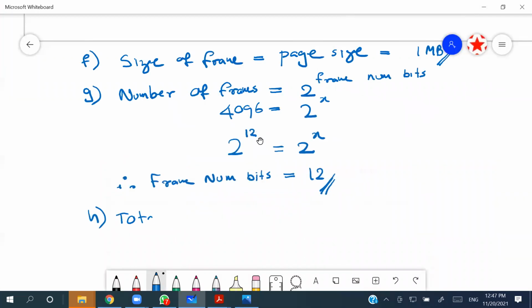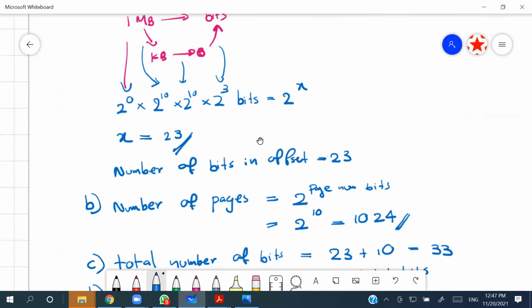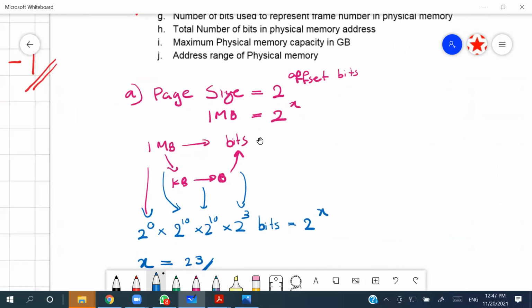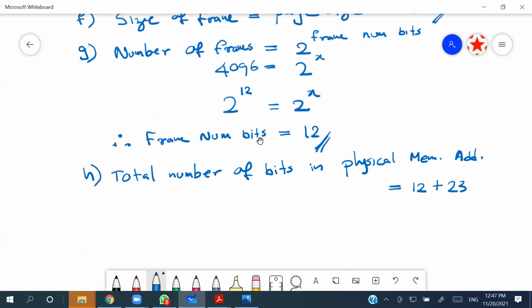So total number of bits in physical memory address, which is equals to 12 plus, how much were there for the offset? We got 23. So 12 plus 23 equals 35.